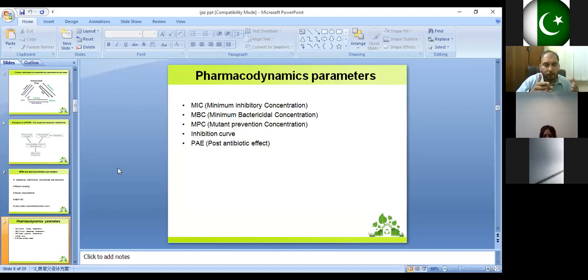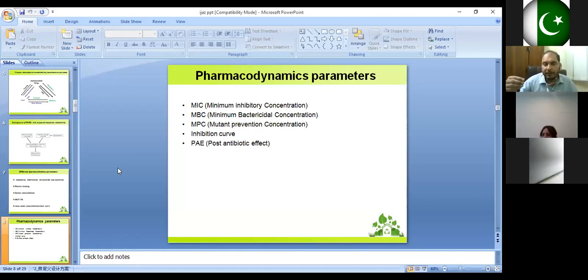The inhibition curve is also a pharmacodynamics parameter that we should know. For 24 hours, as with MIC, after every 2 hours we check how much killing occurs in the bacteria due to exposure to the antimicrobial drug.